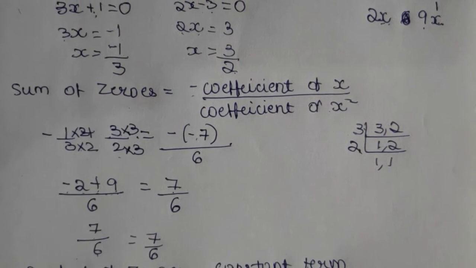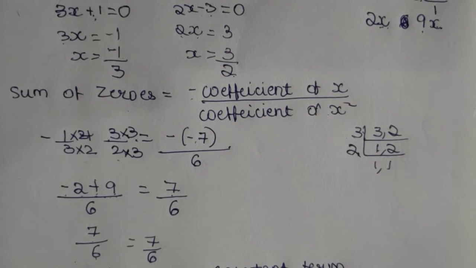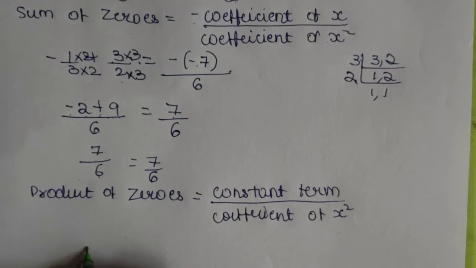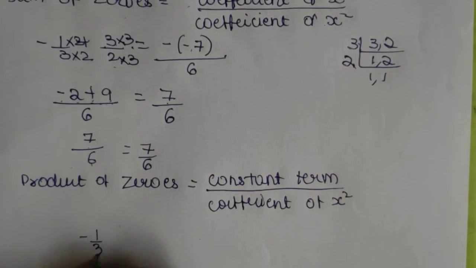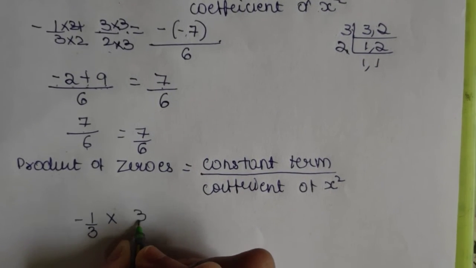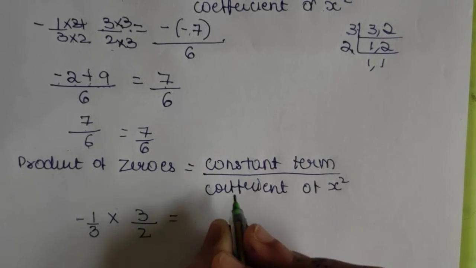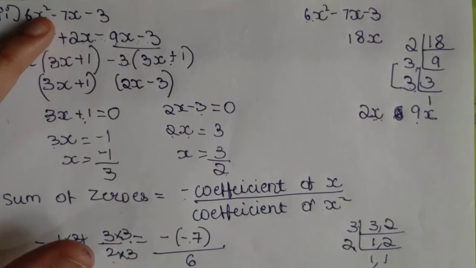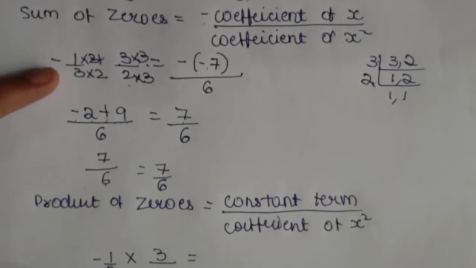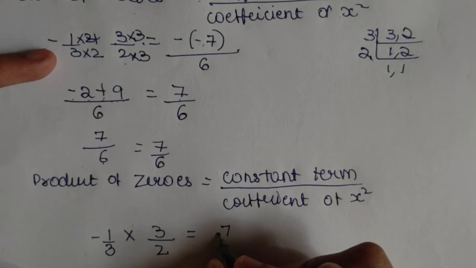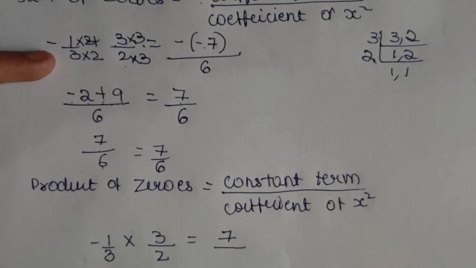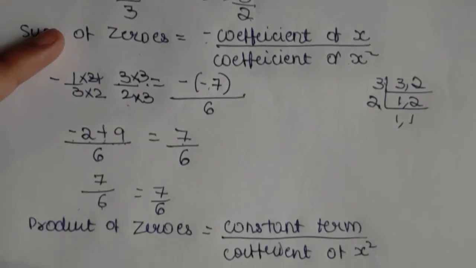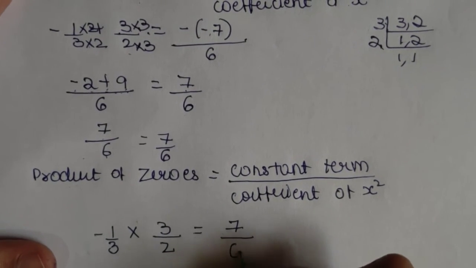Product means we have to multiply these zeros. So that becomes minus 1 by 3 into 3 by 2. On the other side, the constant term is minus 3, so I'll write the constant term, and the coefficient of x square is 6.